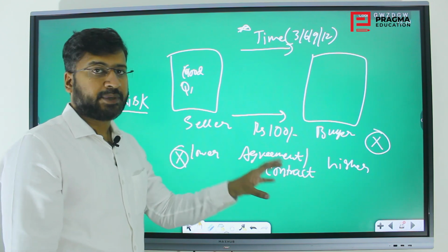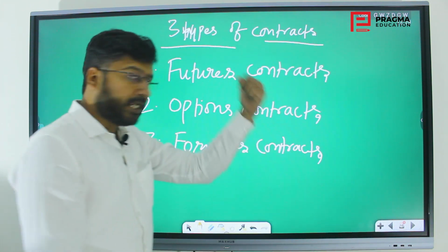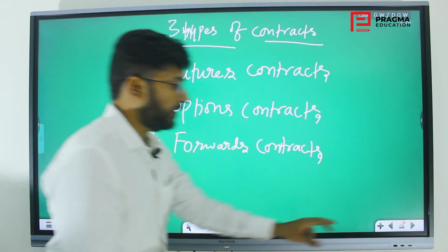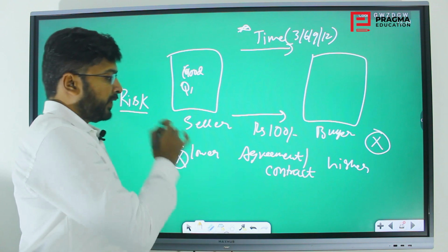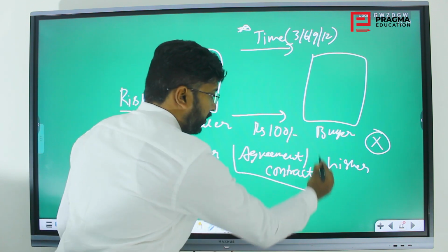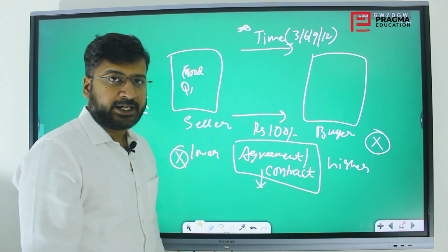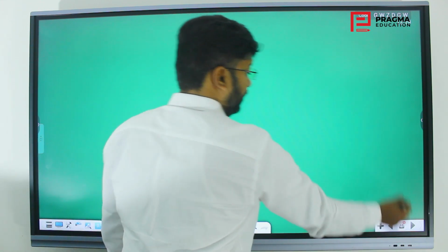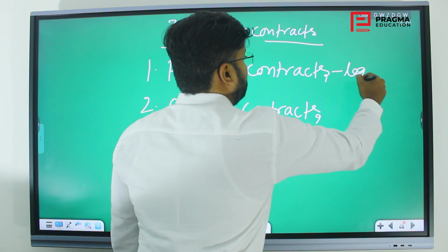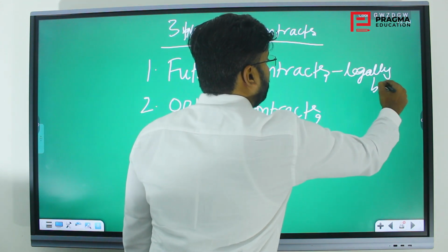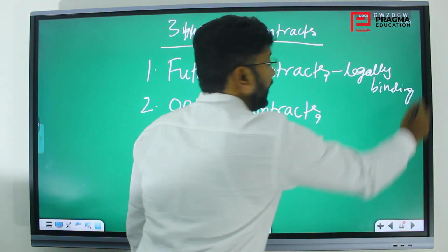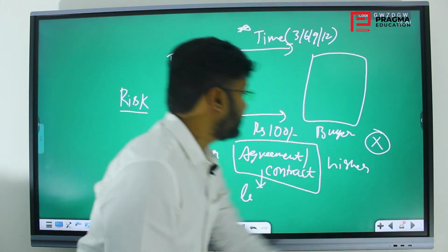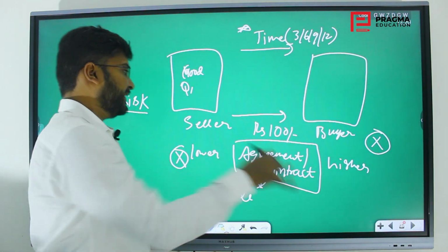So these are the gap areas which these three types of contracts actually fill in. It's very simple: in futures contracts, the agreement is legally binding, which means it should be executed.